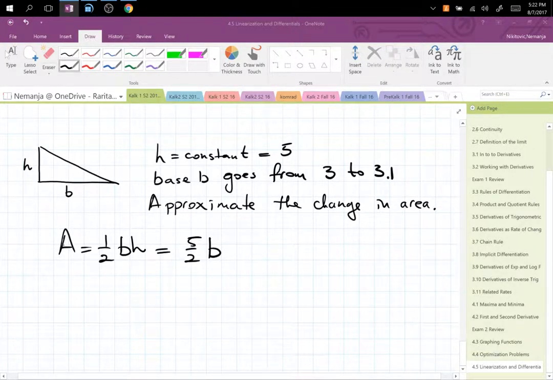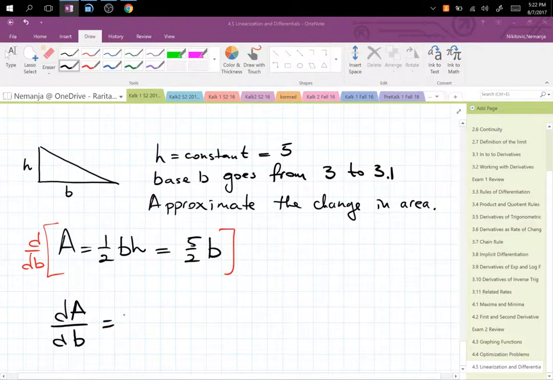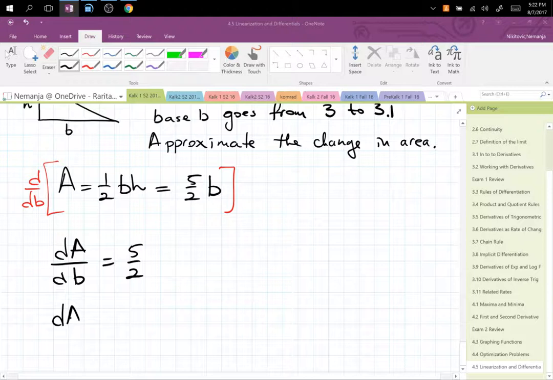If I figure out the derivative, right, because b is the independent variable, I will be taking the derivative with respect to b. So what I have on this side is dA dB is equal to 5/2, and then I move dB to the other side, and I have my differential.